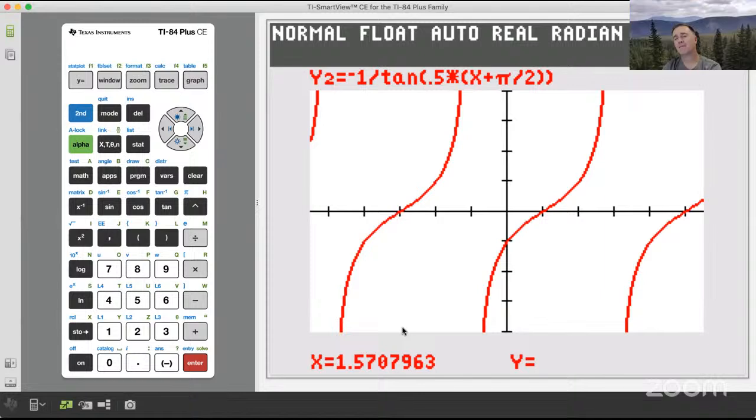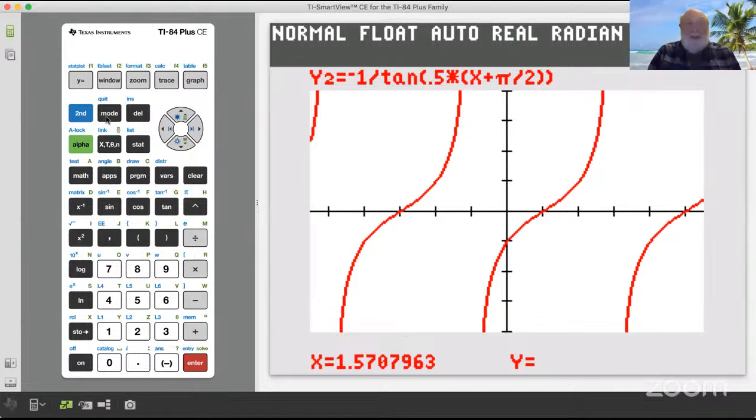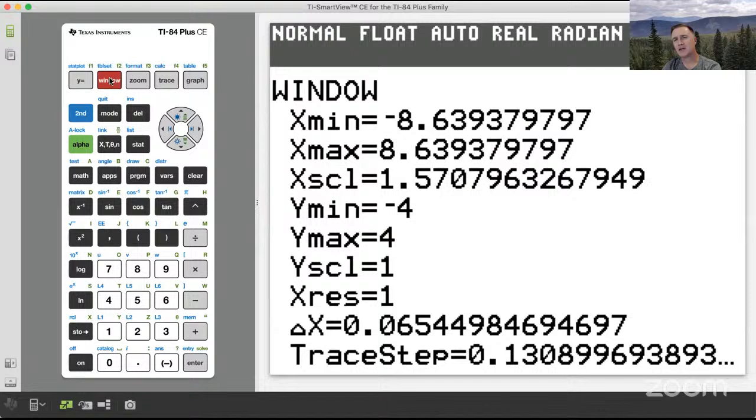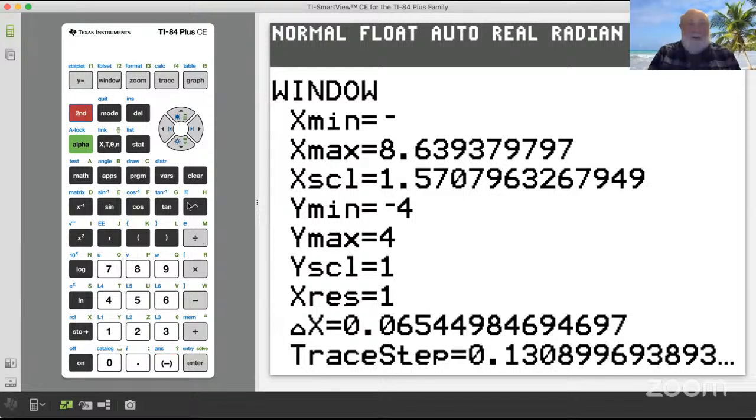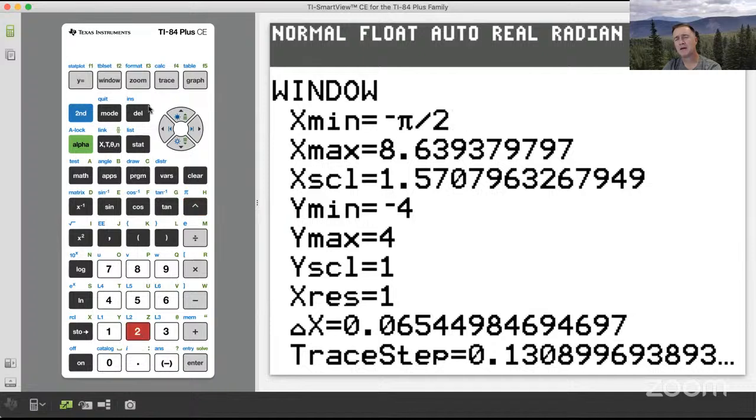Hey, Tom, try something for me. In the window, set your x min to negative whatever that first asymptote is. Was it negative pi over 2 to 3 pi over 2? Okay, just put negative pi over 2 there and hit enter.